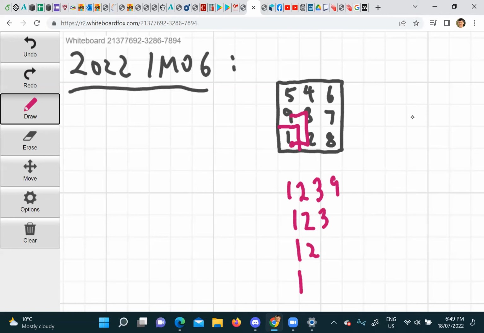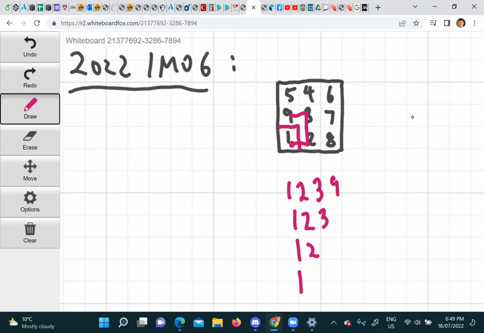Does that make sense? The question asks, given the grid size n, so this is 3 by 3, given how big the grid is, find the minimum number of uphill paths possible. So you have to give a numbering of the grid squares.